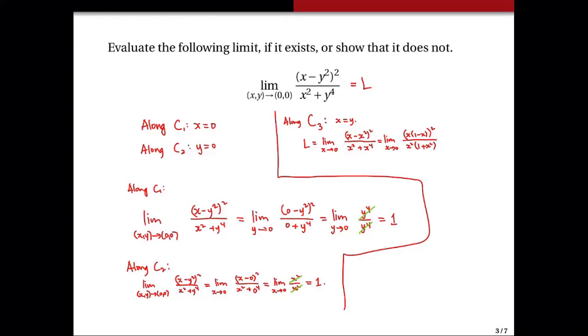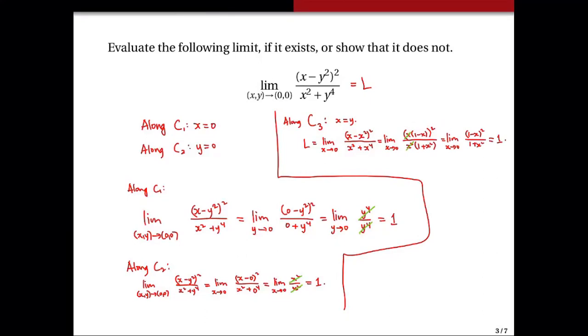But if you distribute this squared over this product, this guy will cancel this guy. So you will actually get the limit as x goes to 0 of 1 minus x quantity squared over 1 plus x squared. And notice, as x goes to 0, the limit is still equal to 1.